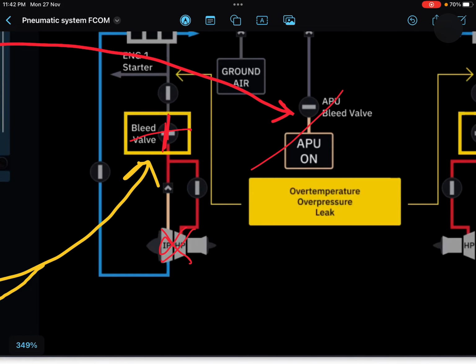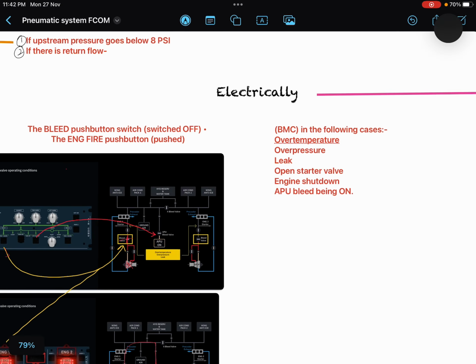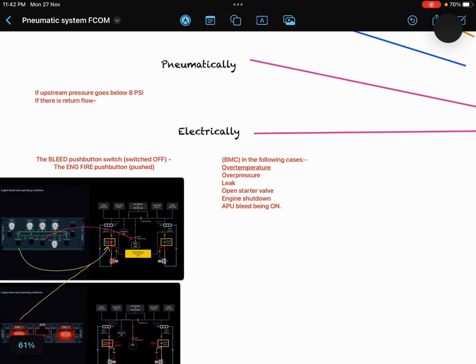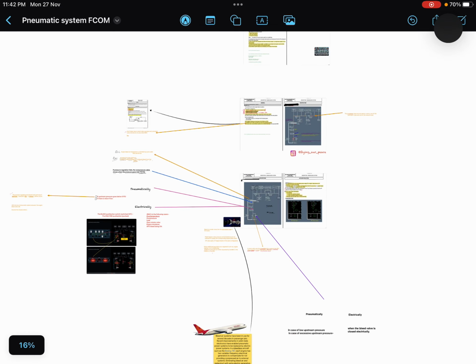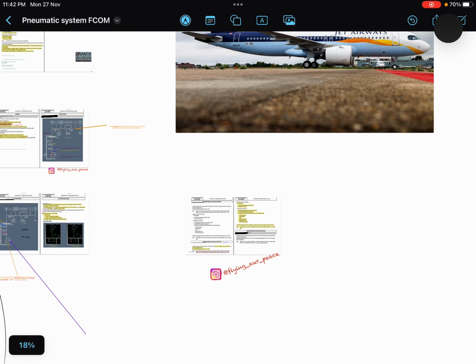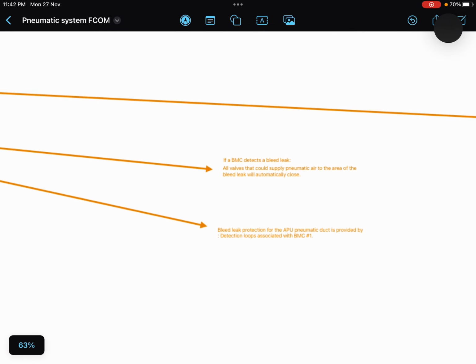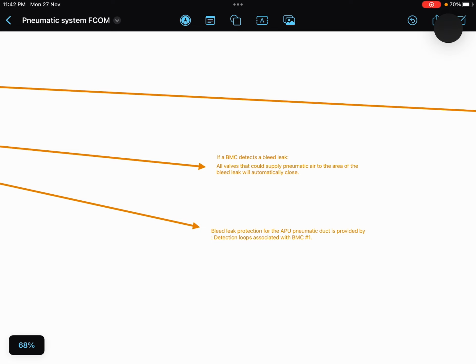Make sense? Right. Third, if a leak has been detected. I'm taking an example of the left hand side. If a leak has been detected towards the left side and the left engine was running, what do you think? I will show you a statement, then it will be clearer.